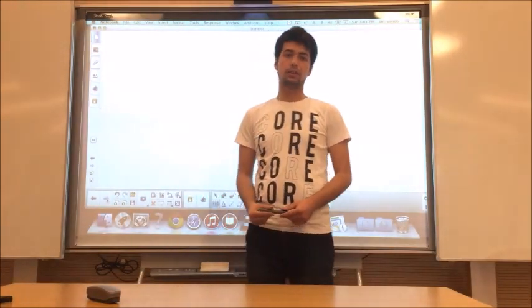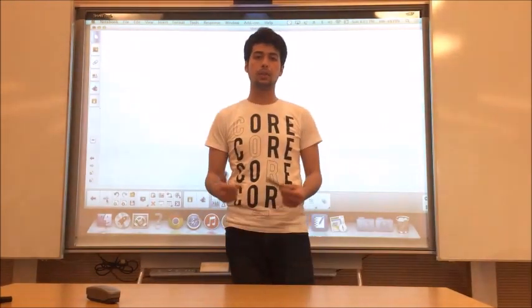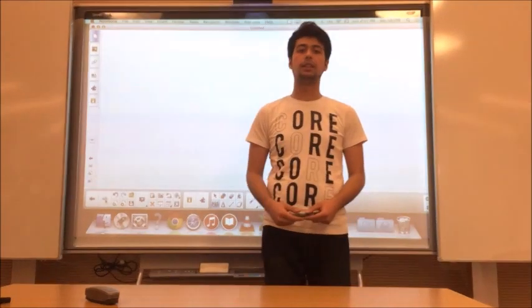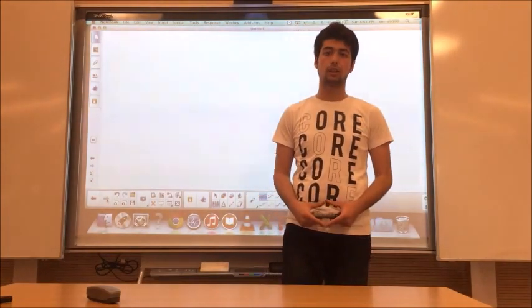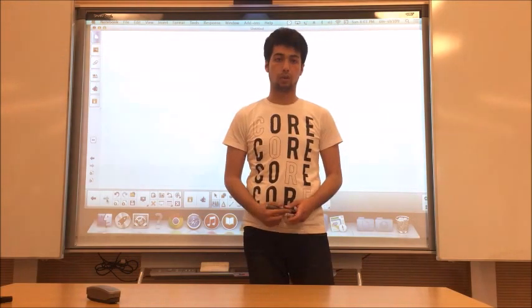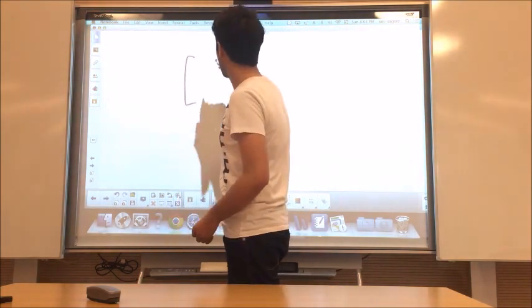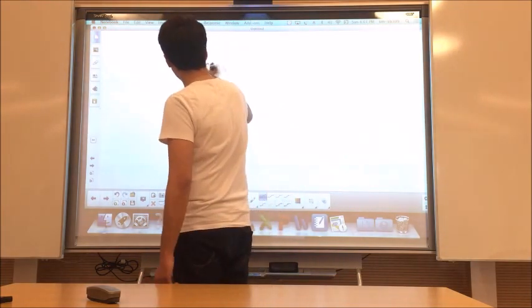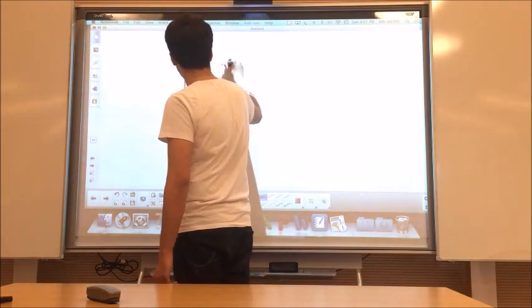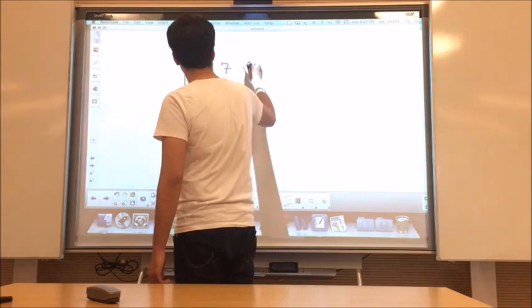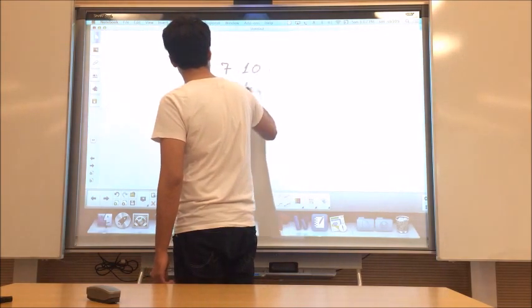For transposing, to transpose a matrix, swap the rows and columns, we put a T in the top right hand corner to mean transpose. For example, 6, 4, 7, 8, 10, 12.